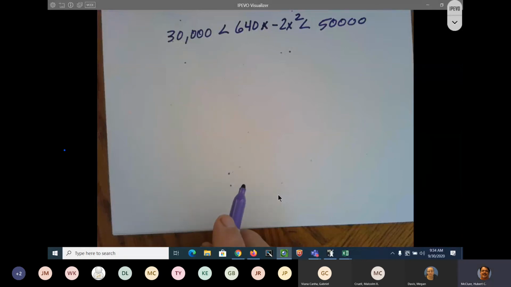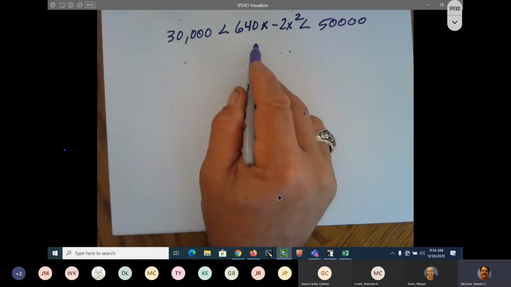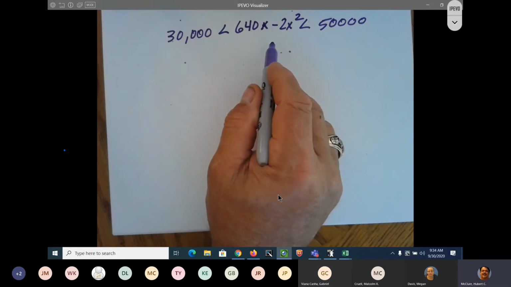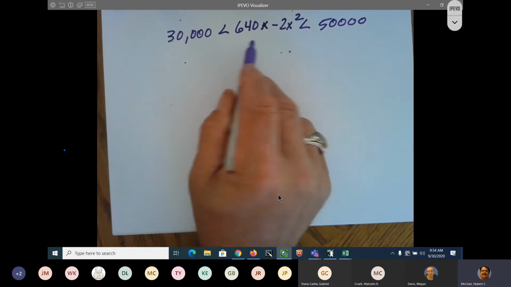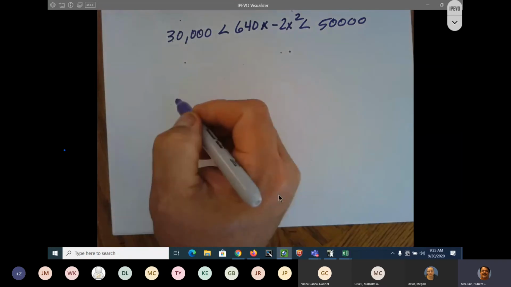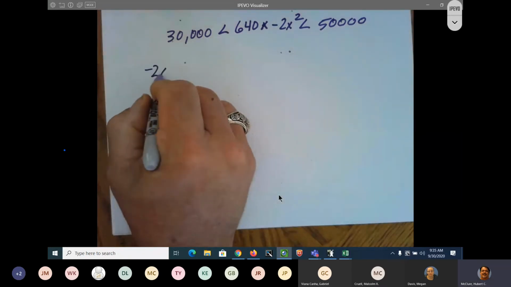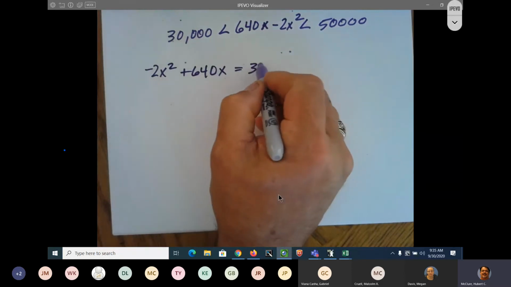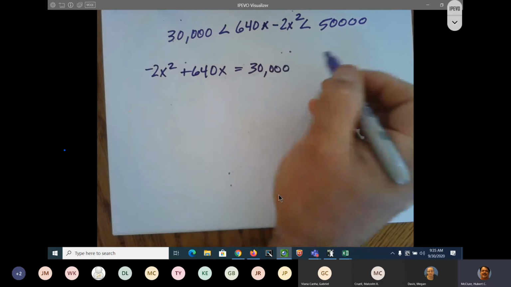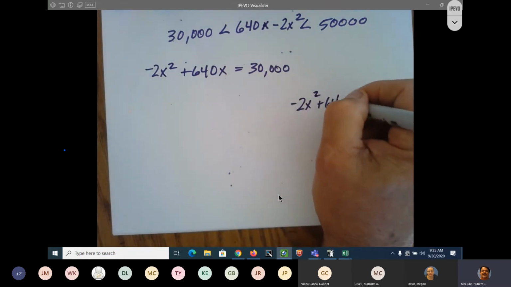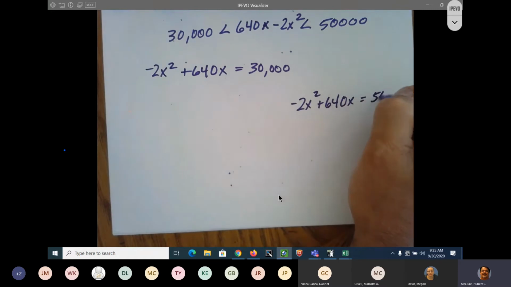And you could basically factor out an x, or you could set it equal to each one. That's basically what they're going to be doing. So you could say negative 2x squared plus 640x is equal to 30,000, and negative 2x squared plus 640x is equal to 50,000.